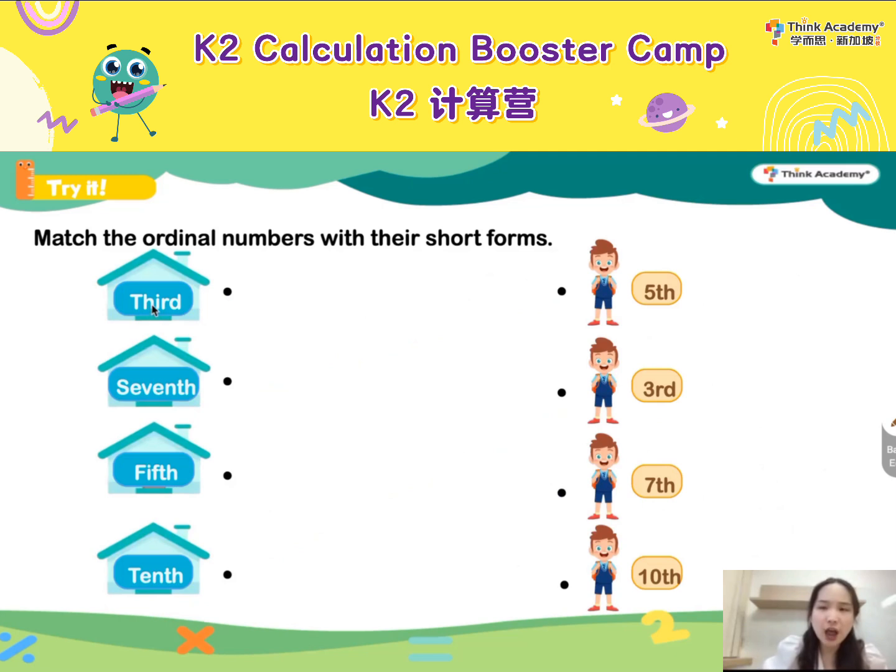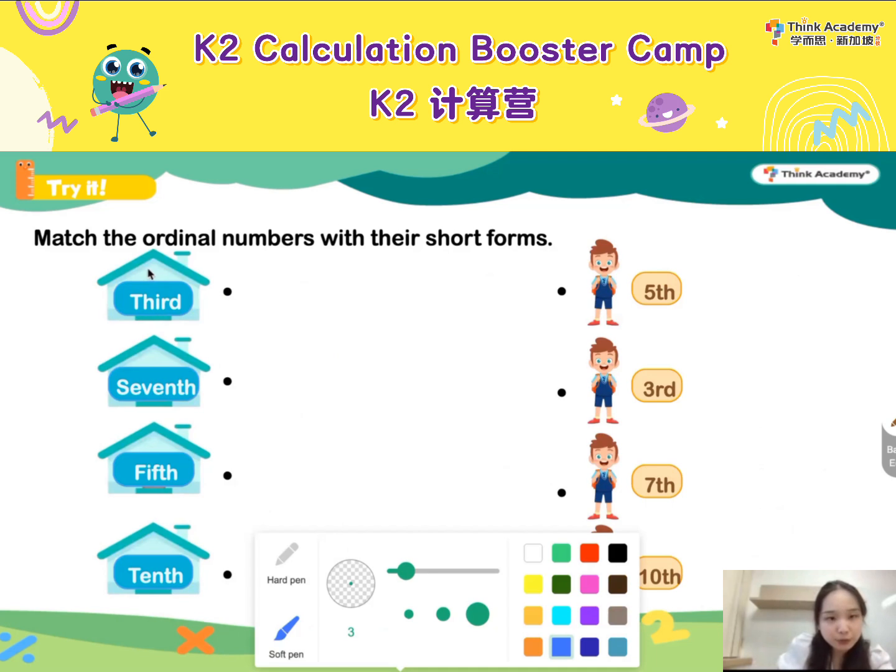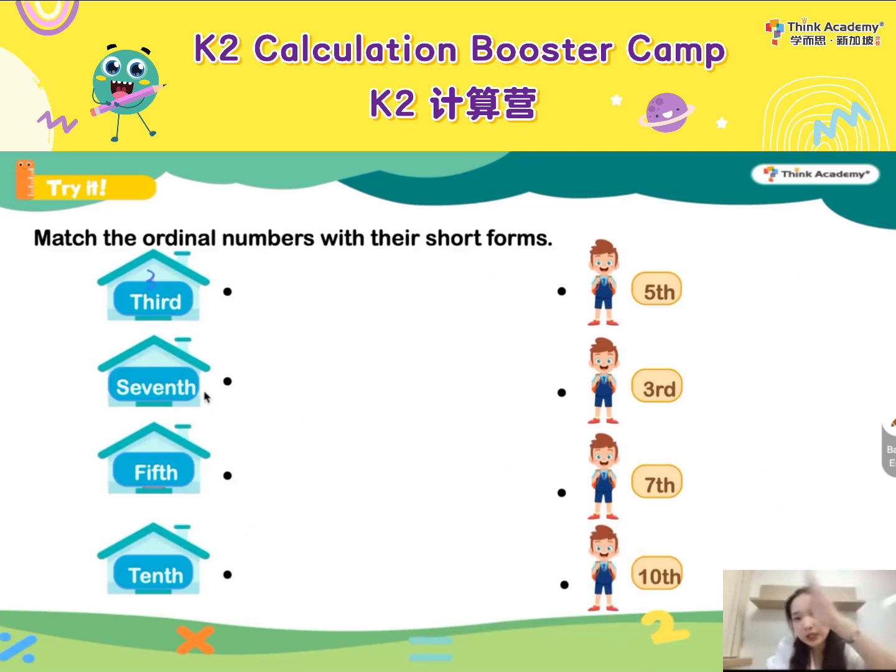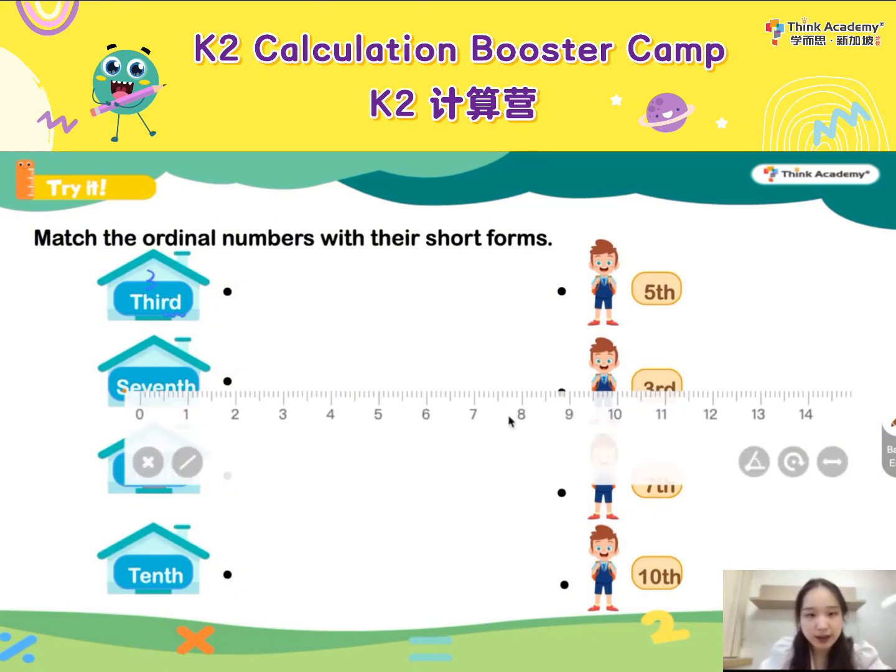So third, that is the first, number 1. Second, number 2. Who's number 3? The third. So third means number 3. What is the little tail? RD. Which boy gets 3RD? Oh, this boy. So we match them together.